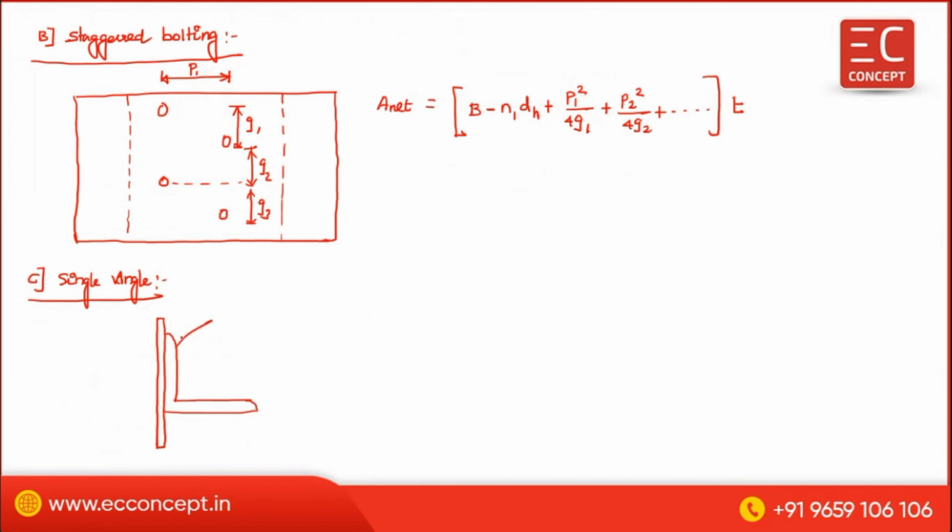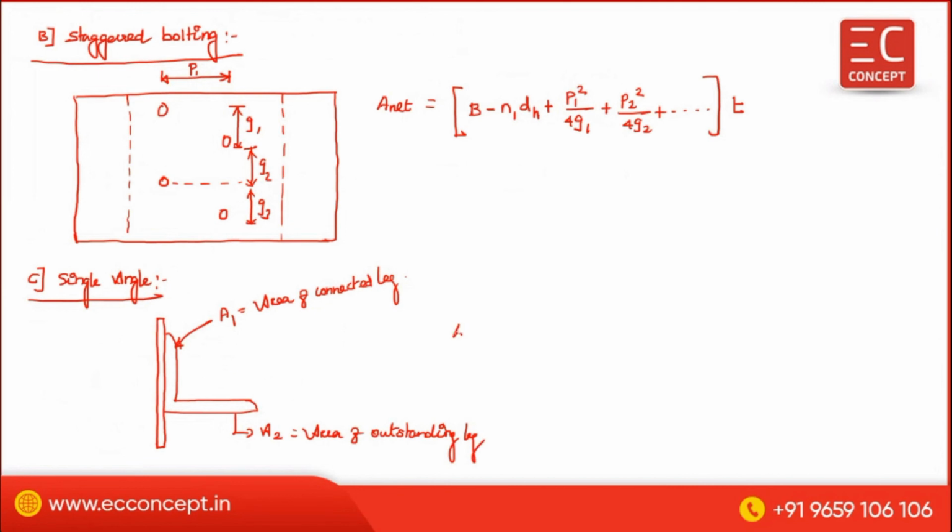This is the connected leg, A1, the area of the connected leg, and A2 is equal to the area of the outstanding leg.